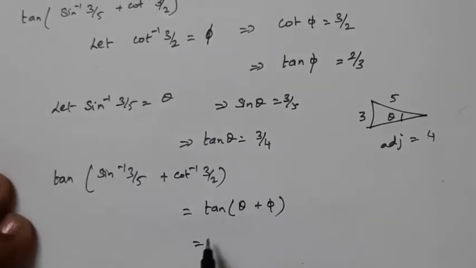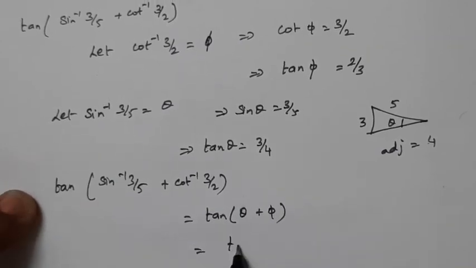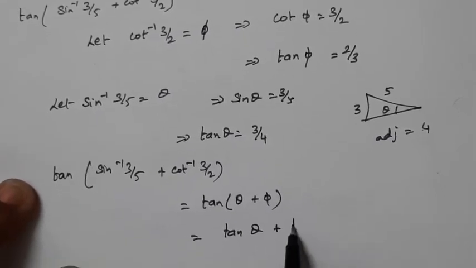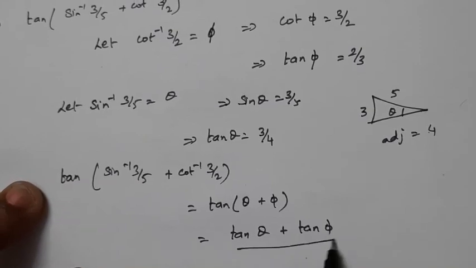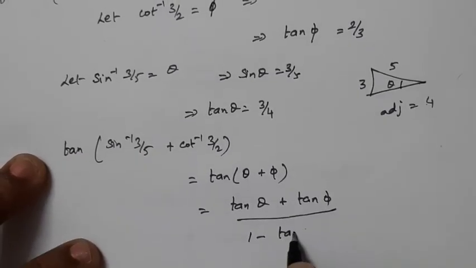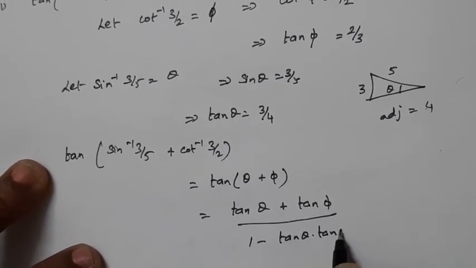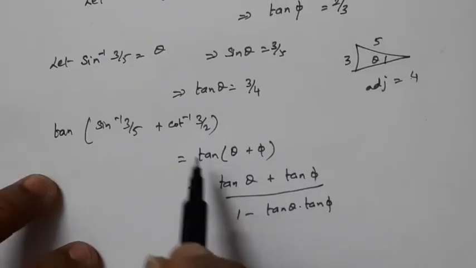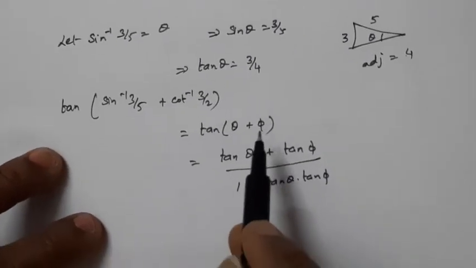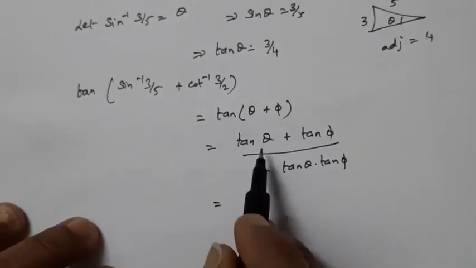Here we have the formula of tan of a plus b: tan a plus tan b divided by 1 minus tan a into tan b. Directly we can apply this formula instead of changing it into tan inverse. So we can use this formula with tan theta plus tan phi.